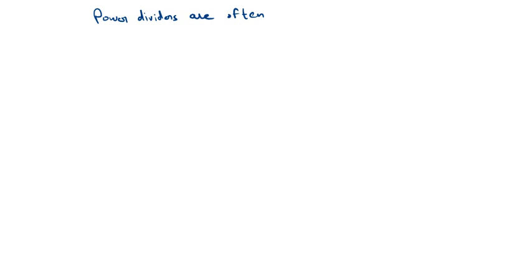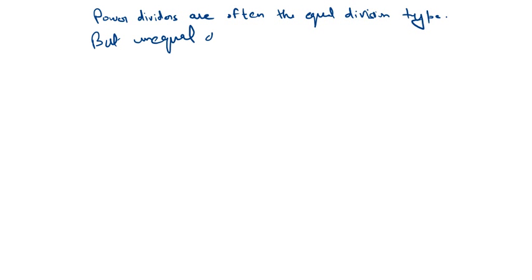But unequal power division is also possible, like we have seen in the previous case, P2 is 20% of P1 and P3 is 80% of P1. So unequal division is also possible.